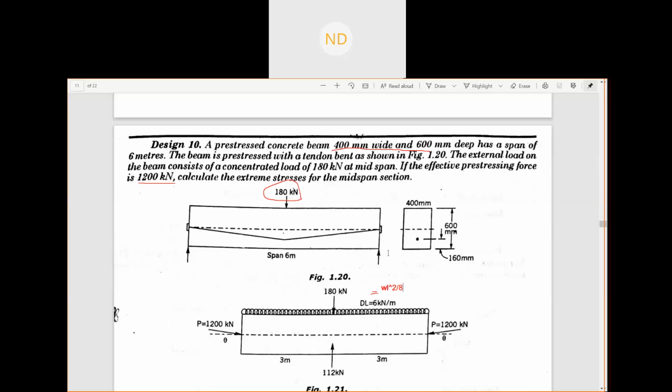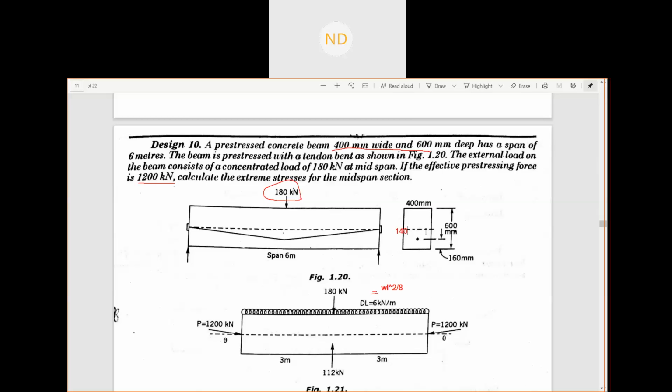Also, in this figure, we are given that the tendon is placed at an eccentricity of how much? From the question we know here that it is 140.